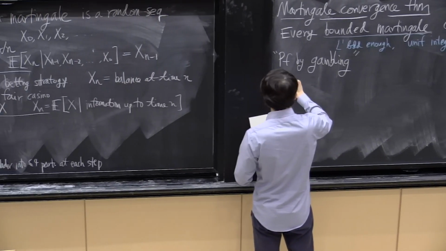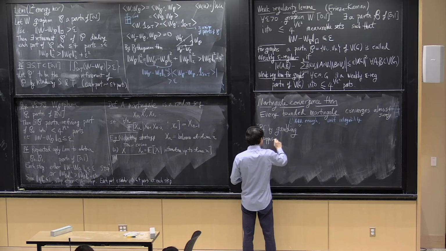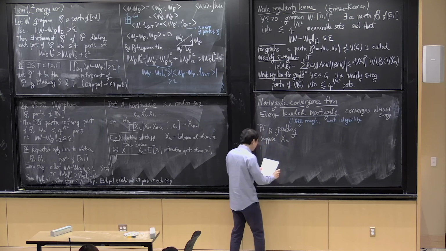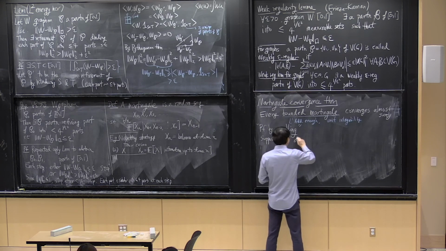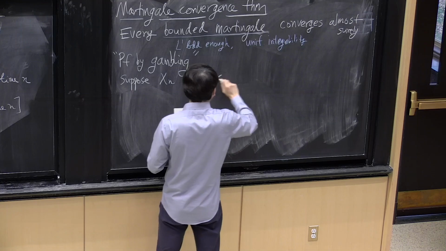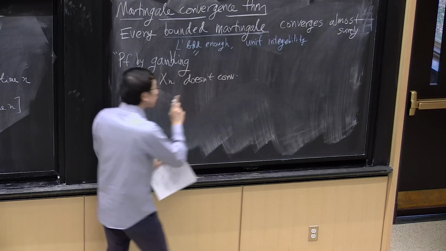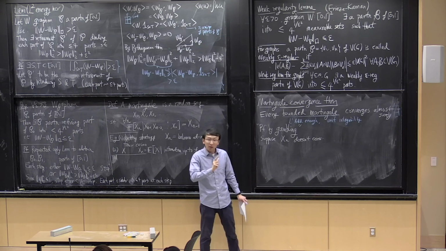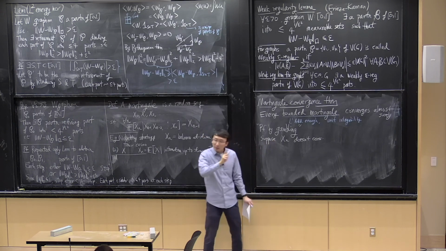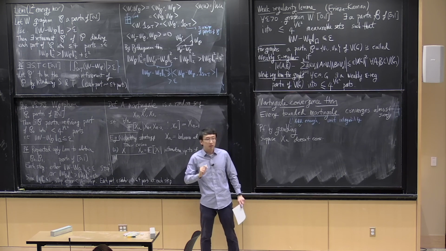So suppose x sub n doesn't converge. And here, okay, so this is why I say I'm going to be somewhat cavalier with probability theory. So when I say this doesn't converge, I mean a specific instance of the sequence doesn't converge.